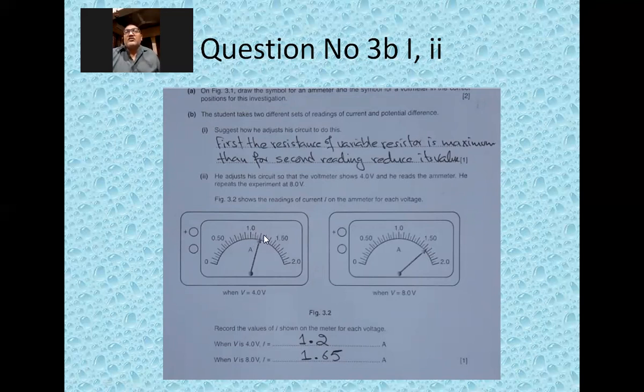So 1, 2, 3, 4, 5. So basically it is 1.2. The reading is 1.2 volt. Now check what is the reading here. It's like 1.65, I think. Yeah, 1.65. And here you will note that.